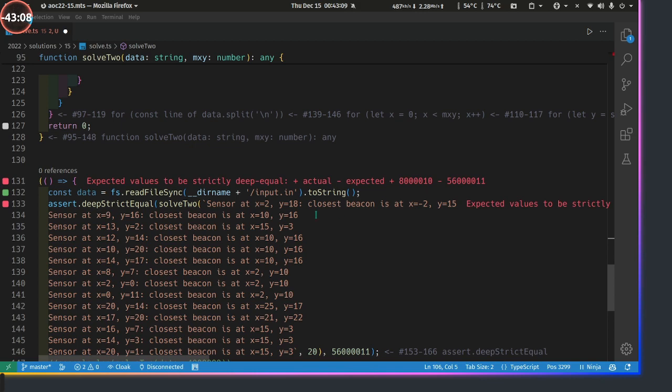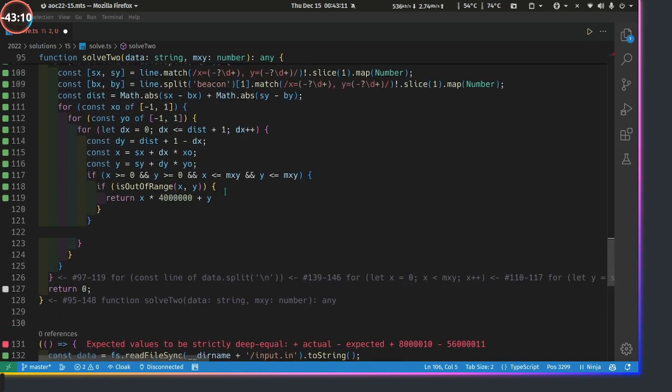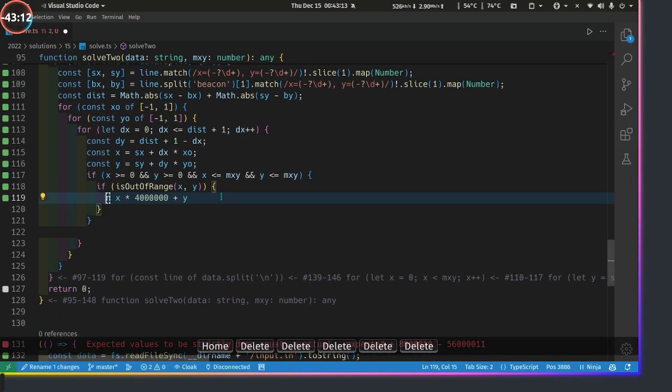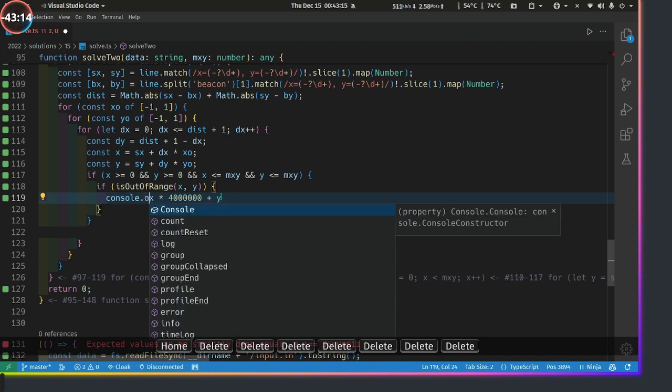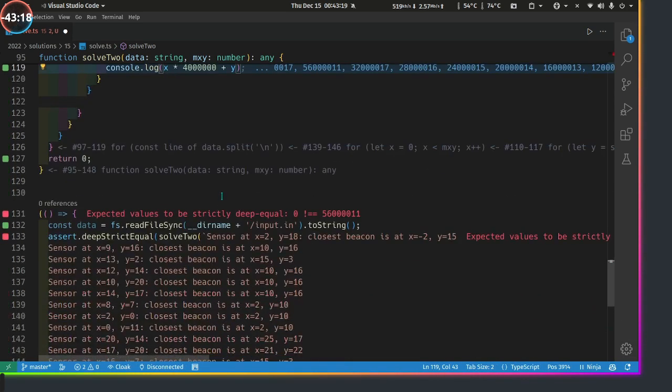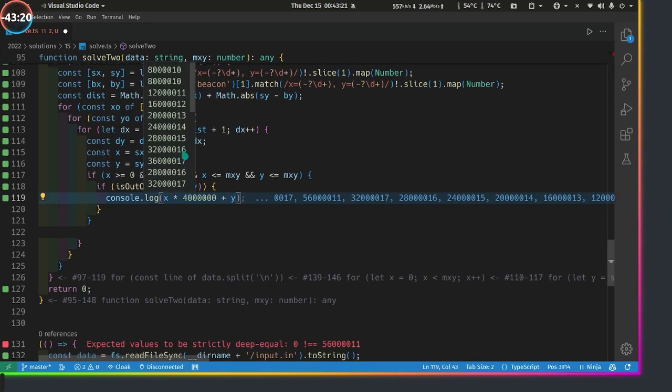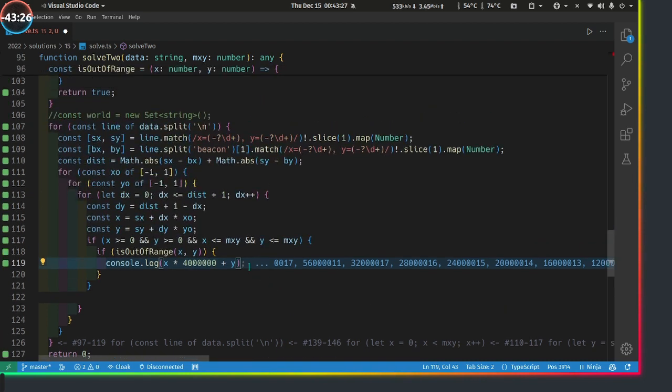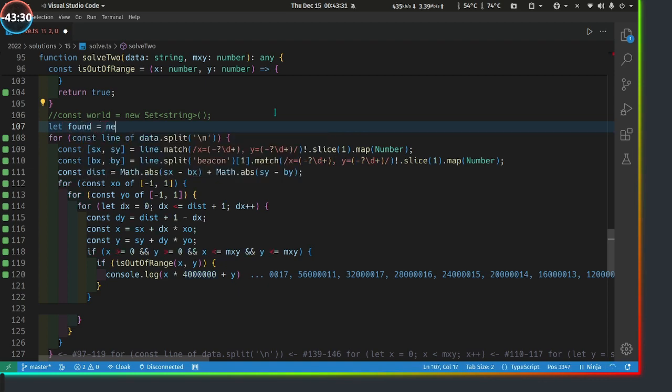What if there are multiple? There shouldn't be multiple. What if I'm just... Because I'm outside, or I am in some... Oh, Lord. Oh, man. Wait, these are lots of duplicates. Great. We need the most common one. Let found equal new Set, I guess.